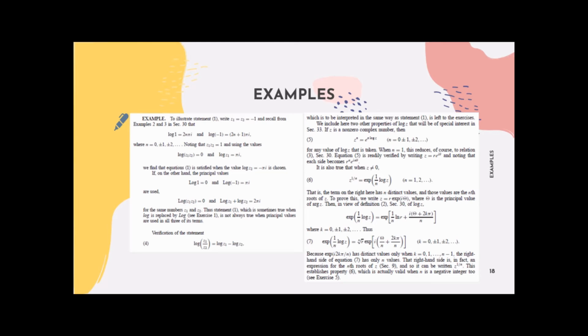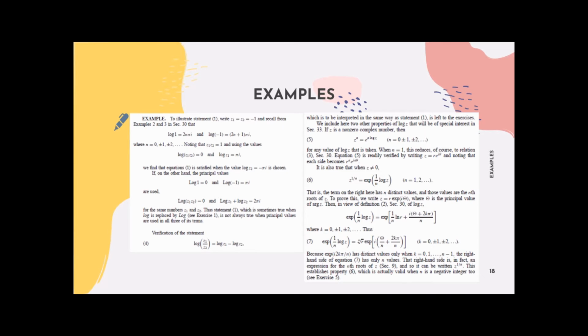Noting that z1z2 = 1 and using the value log c1 = πi, we find that equation 1 is satisfied when the value log c2 = -πi is chosen.